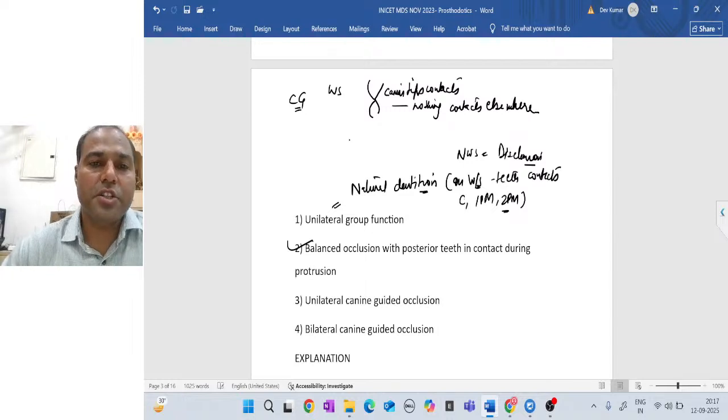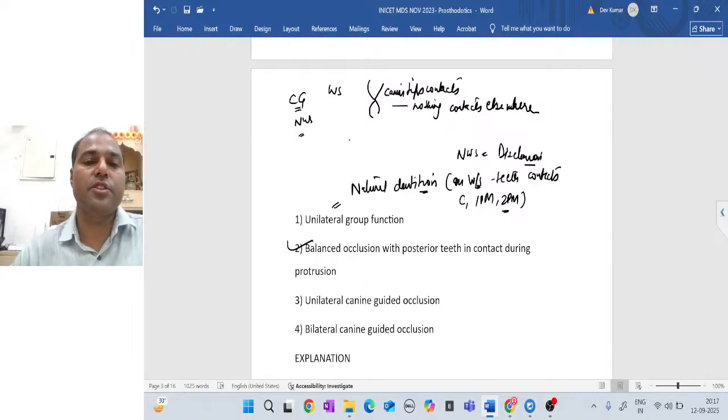That means distal to canine, even on the working side nothing contacts, and on the non-working side there will be no contact at all. So the best answer here is balanced occlusion with posterior teeth in contact during protrusion.